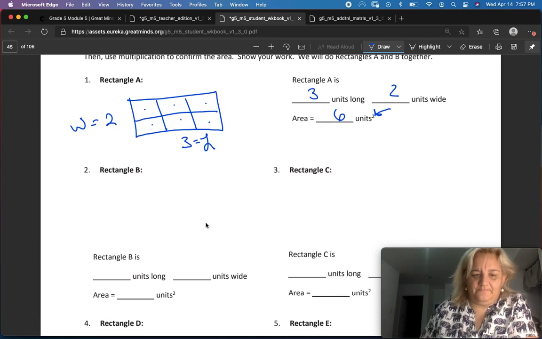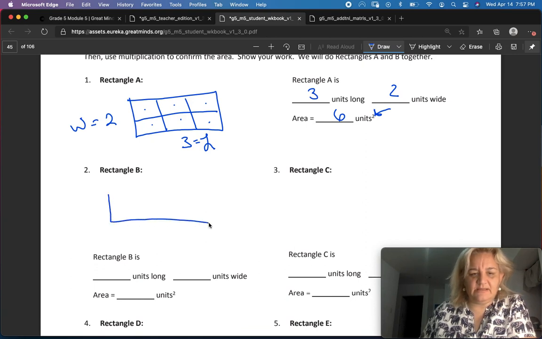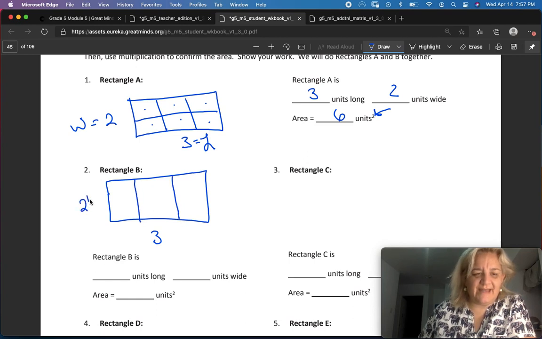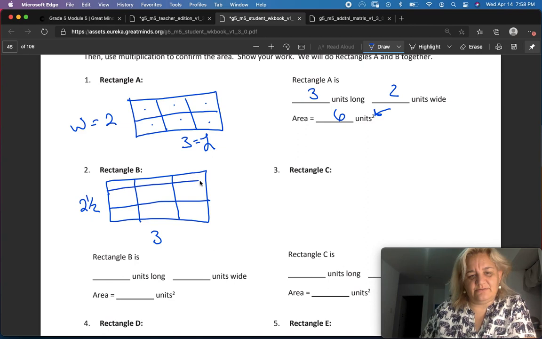Rectangle B. Okay, so rectangle B, I'm going to give us 3 units long, okay? But instead of 2 units on the side, we're going to have 2 and a half. So here's 1, and there's 2.